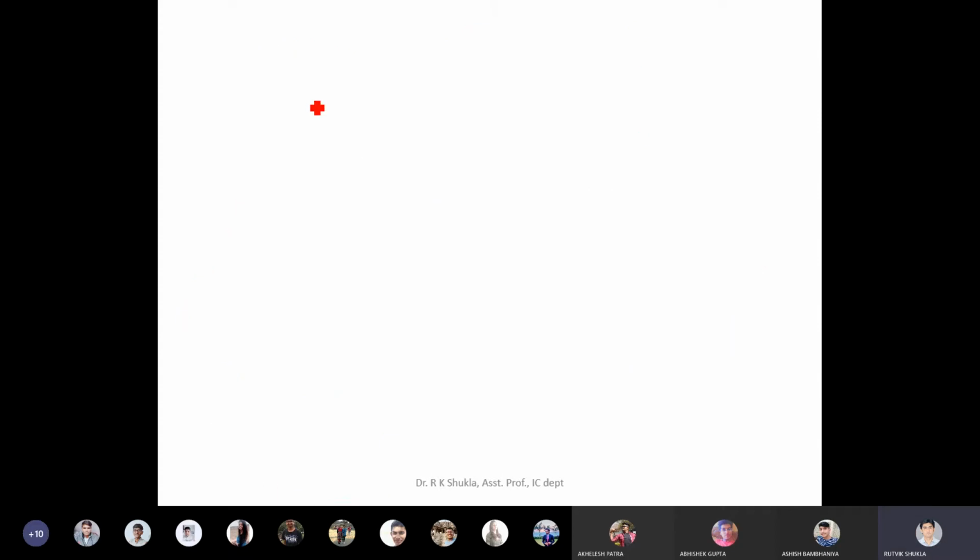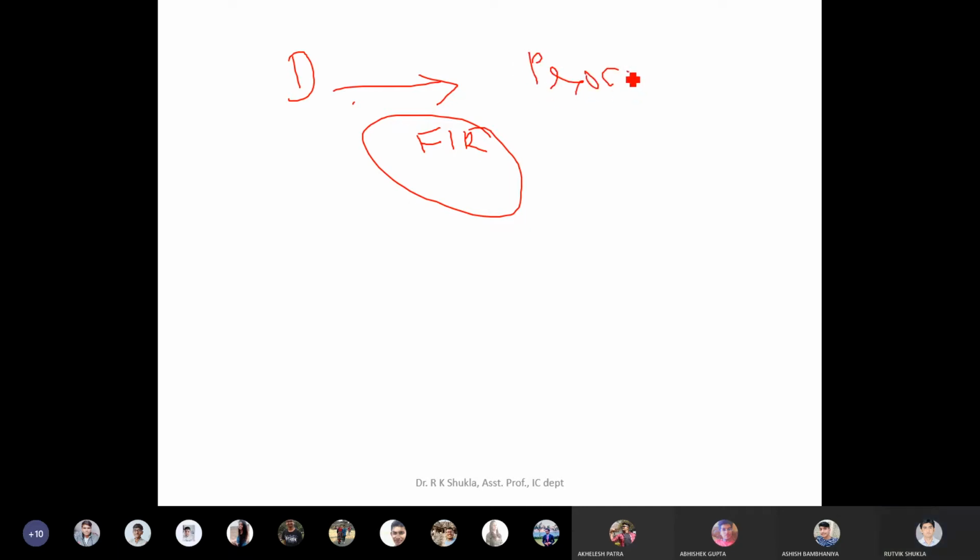Now I'll take the example of a digital filter. What does digital filter mean? Digital filter means I am able to implement that particular filter on any processor. When I am talking about a processor, I mean a microprocessor or a microcontroller. Clear?